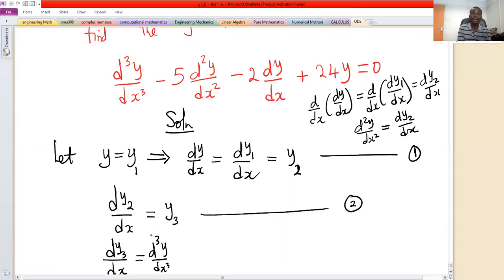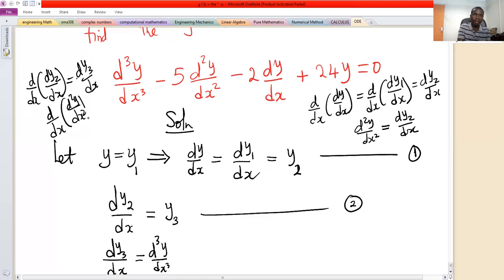This should be clear because when you differentiate both sides, we have d dx of dy2 dx is the same as dy3 dx. Remember, dy2 dx is the same as d squared y dx squared. When you differentiate the second derivative, you get the third derivative. So dy3 dx is the same as d cubed y dx cubed.